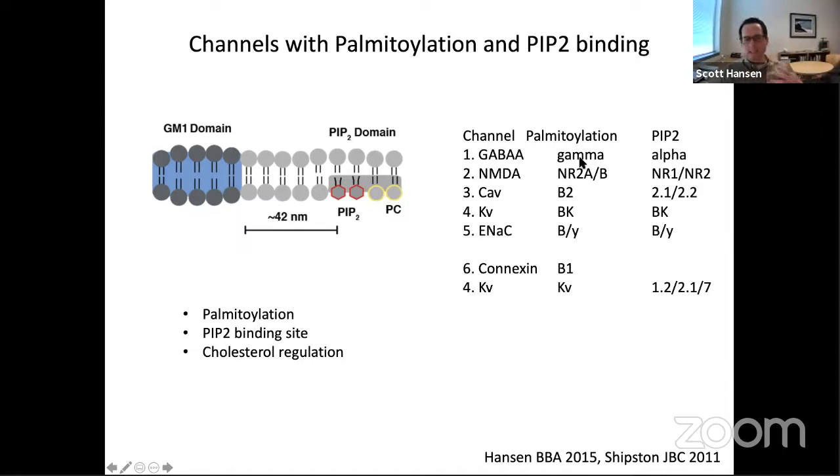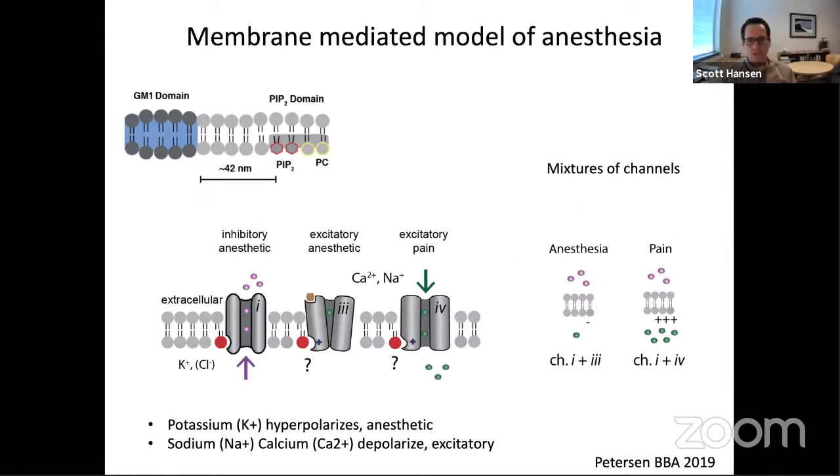And it has the exact same properties that PLD has. So we would expect that a channel could also move in and out of these domains. And this is just a list of a few of the channels that have these same properties and where they're located in the different subunits. So obviously this needs to be investigated on multiple channels.